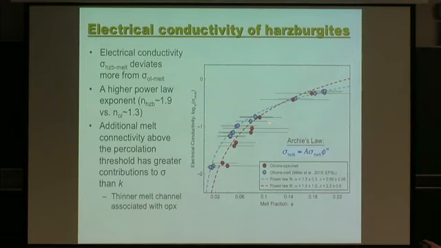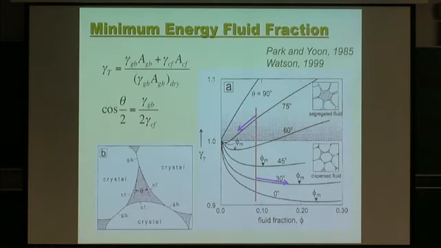And if I want to really put a fit there, the n changes from 1.3 to 1.9 by adding the OPX. So what causes the no change? You're adding 40% of OPX, right? Above 3% of melt, you actually don't have any change in permeability.